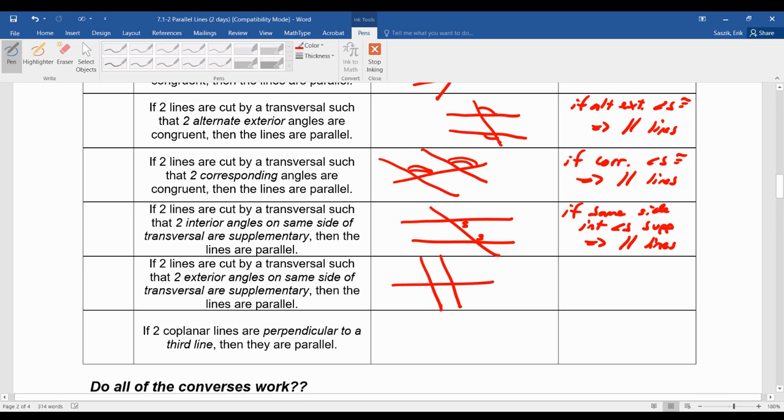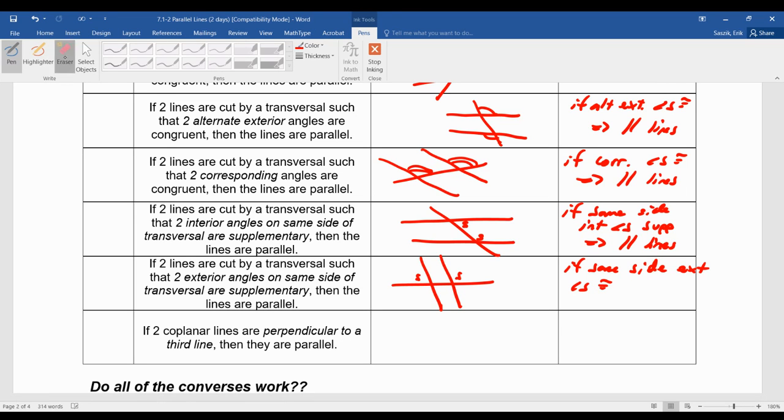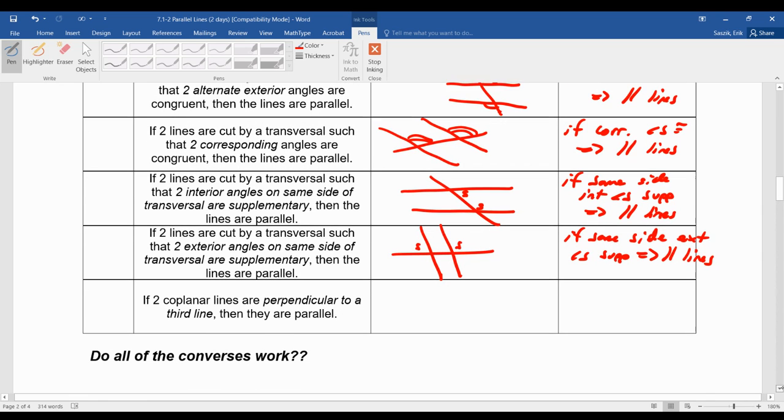So if this was sup to this, if same side exterior angles congruent, oh, sorry, not congruent. If same side exterior angles sup, then parallel lines.